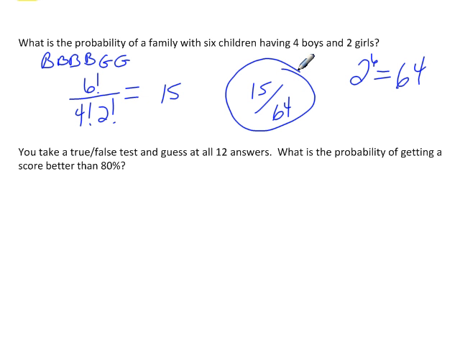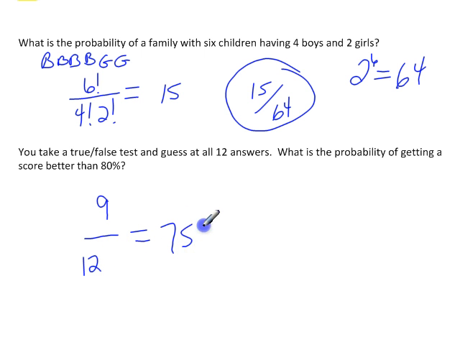Now on the next one, we're going to have to do a little bit more thinking. It says you take a true-false test and guess at all 12 answers. What is the probability of getting a score better than 80? Well, there's 12 questions. The first thing we need to figure out is a score of 80 means how many correct. To find out your percentage, you take the number you got right, say you got 9 correct out of 12, and you can do 9 over 12.